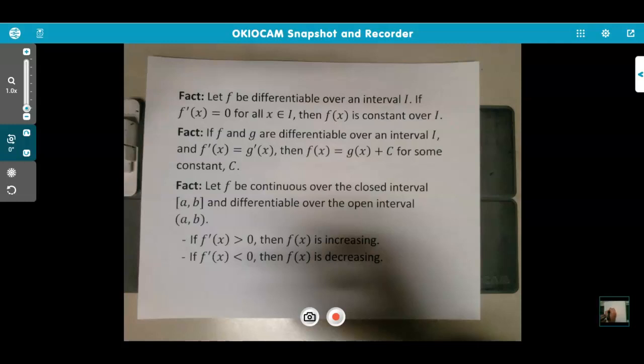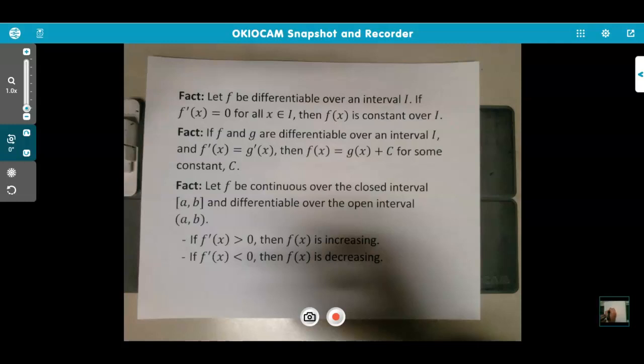The next one: if f and g are differentiable over I, and the derivative of f is equal to the derivative of g, then f of x must be the same as g of x plus some constant c. This one might not be as clear at first, but if we think about this, remember that the derivative of x squared is equal to 2x, right?